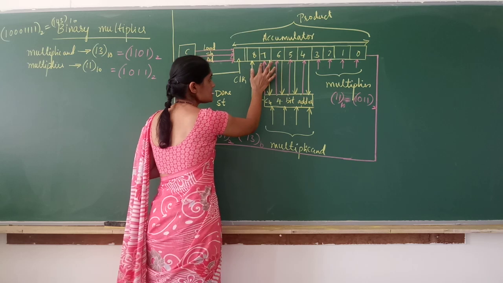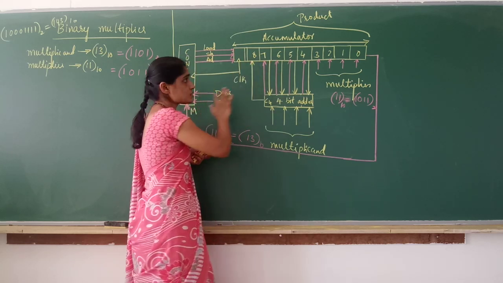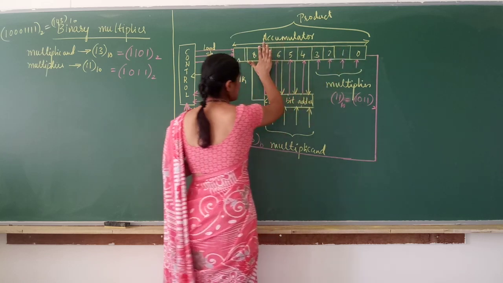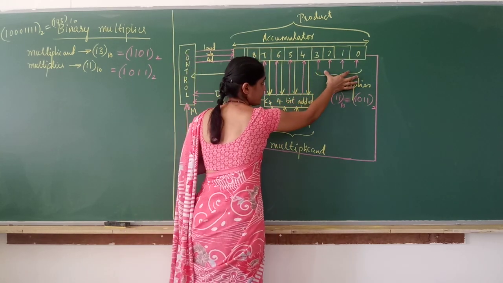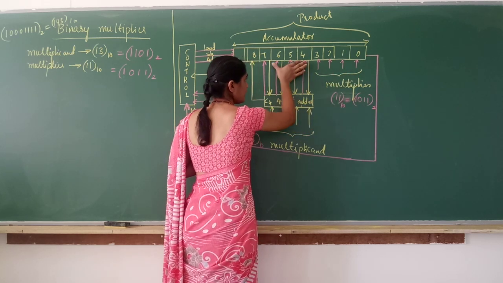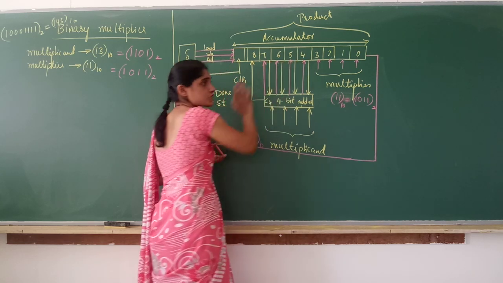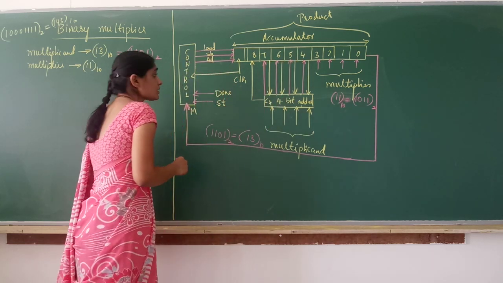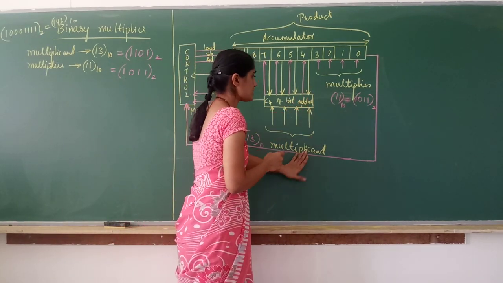That is the reason we call this register the accumulator, which is 8-bit, 0 to 7. From 0 to 7, the lower 4 bits will hold the multiplier and the upper 4 bits will be reset initially. Okay. So this is a 4-bit register for the multiplicand, and this is the multiplier.